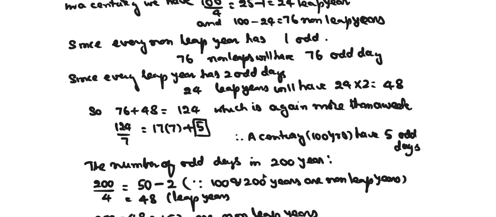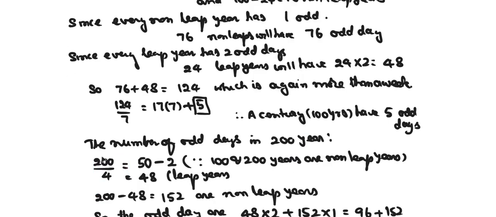The number of odd days in 200 years. So 200, even though it is divisible by 4, it is not a leap year. So therefore, if I divide this 200 by 4, I have 50, and 100 is not a leap year and 200 is also not a leap year. Therefore, I have to subtract 2 from this 50.